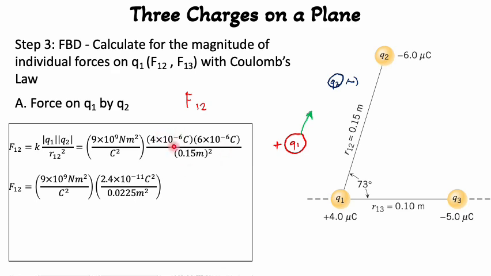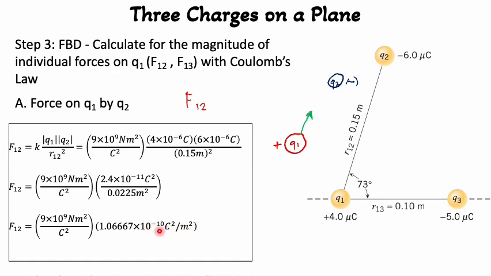Multiply the charges, we get 2.4 times 10 to the negative 11 coulombs squared. The square of the separation distance, 0.15 meters squared, is equal to 0.0225 meters squared. Divide the two, you will get 1.06667 times 10 raised to negative 10 coulomb squared per meter squared.